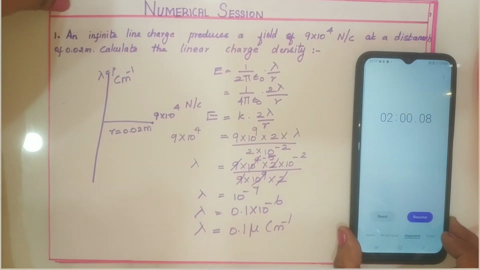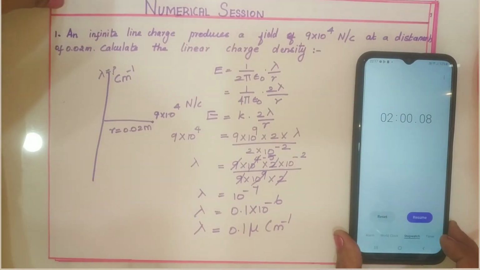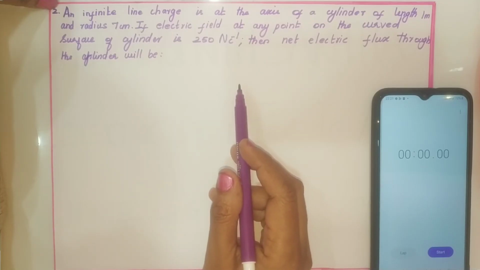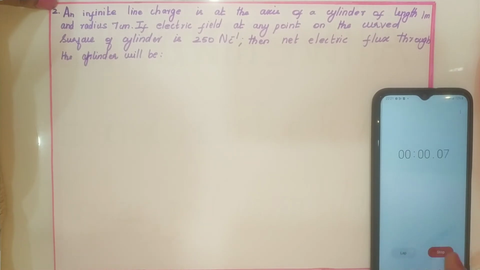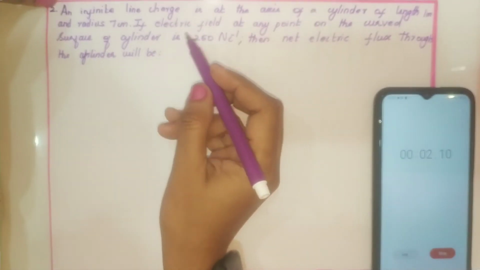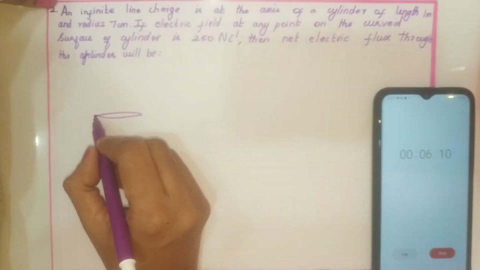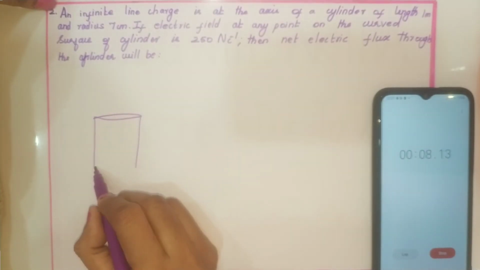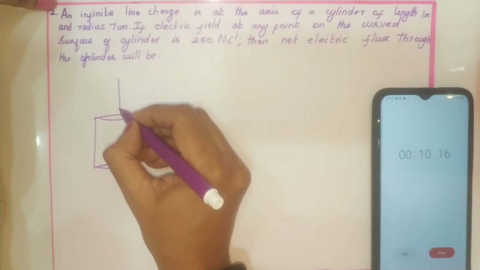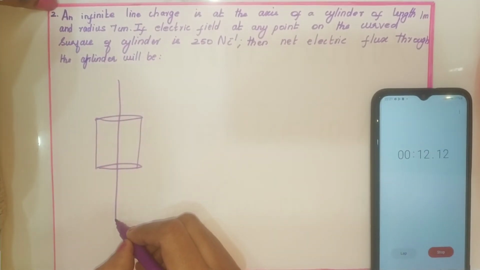Okay. It has taken just 2 minutes to solve this problem. Now we move on to the next numerical. Let me start the timer. An infinite line charge is at the axis of a cylinder. So we draw a cylinder Gaussian surface and the infinite line charge is on the axis.